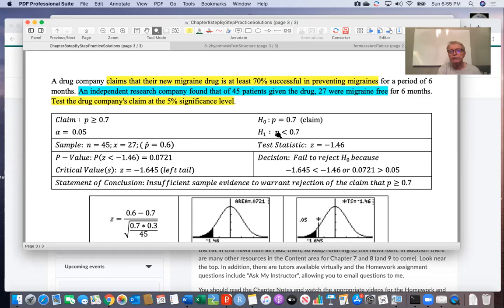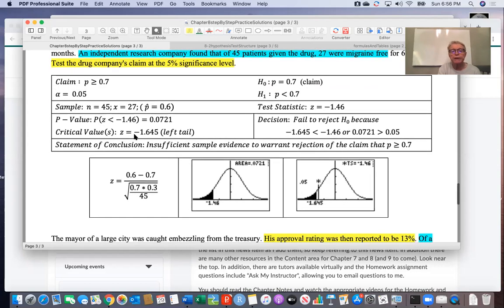So we know which function on the calculator or which table we're going to use to find the critical value. We need one critical value on the left for less than. And we find that to be, it's Z, because we're talking about a test of proportion, negative 1.645.